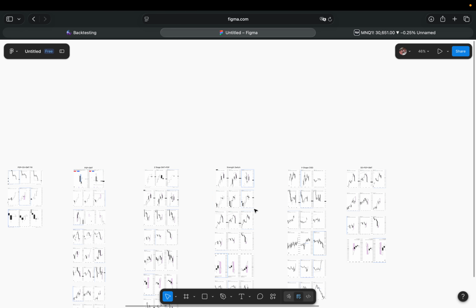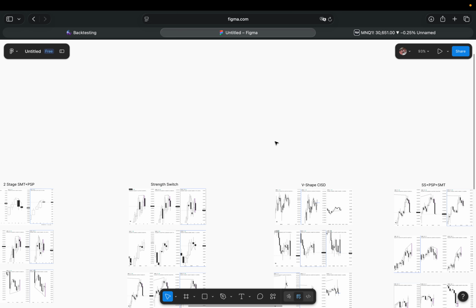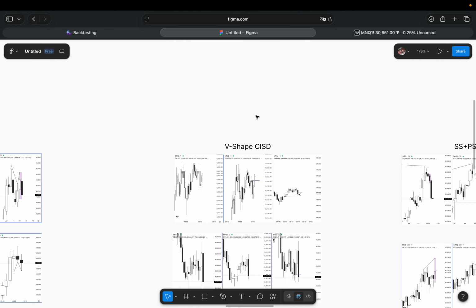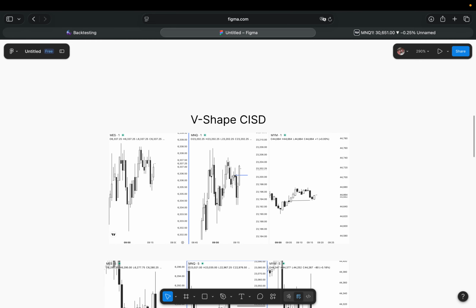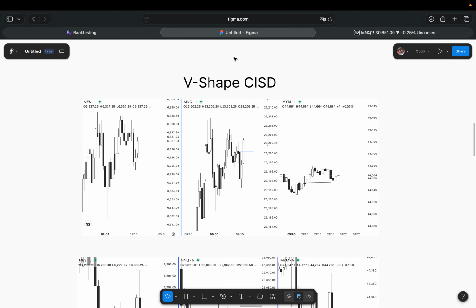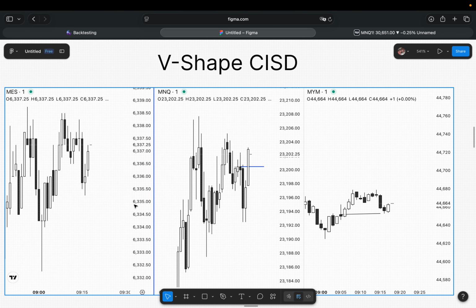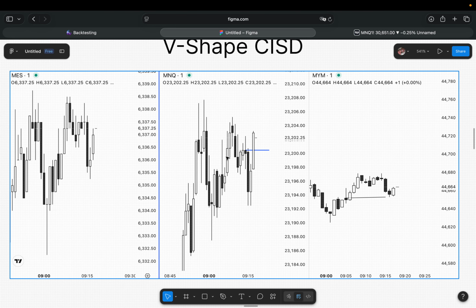So it's also order blocks. I also use it as a V-shape, a V-shape changing the state of delivery, right? So if we look at this example here, we can see where this blue line is.